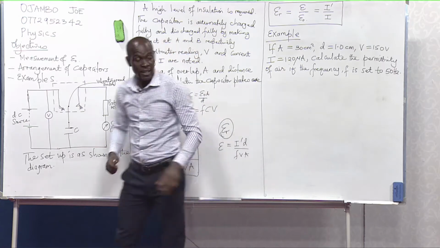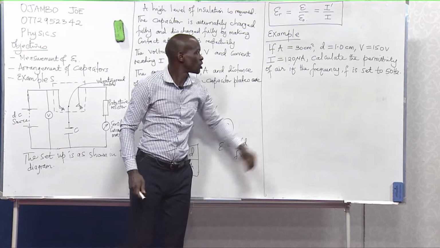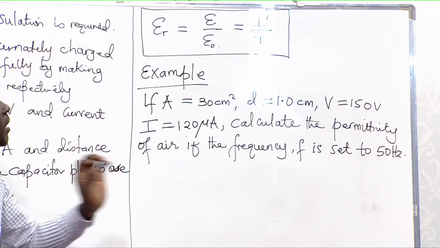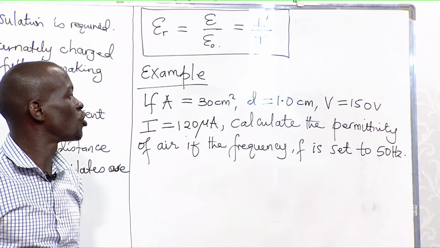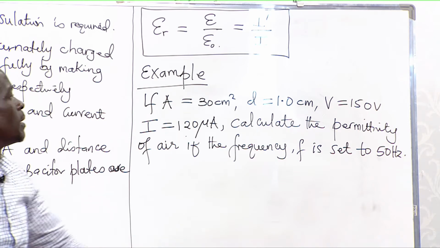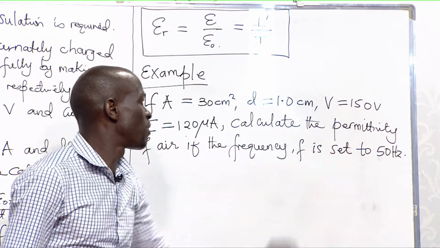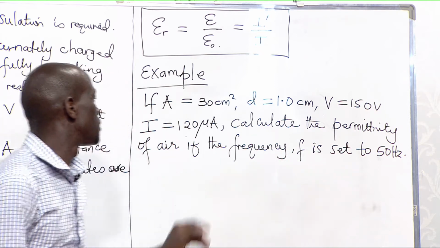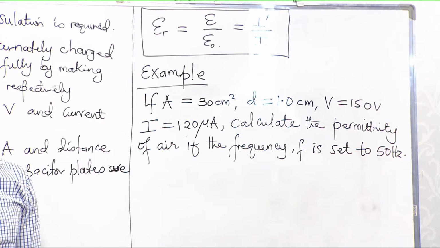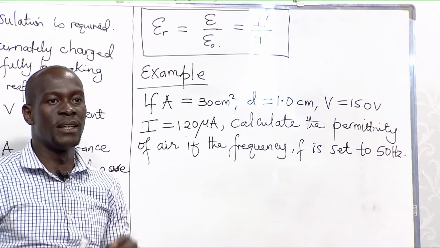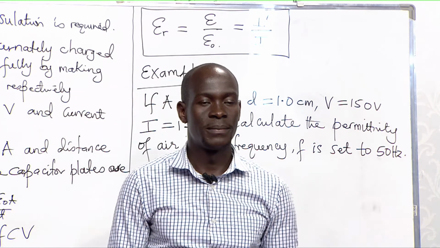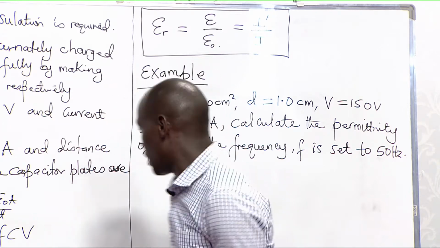So my dear candidates, we are given such a question. They have said if the area of overlap is 30 square centimeters, the distance of separation is 1.0 centimeters, V, the PD, is 150 volts, I is this, then we are supposed to determine this. So here, the first thing we can do is to get our formula written.